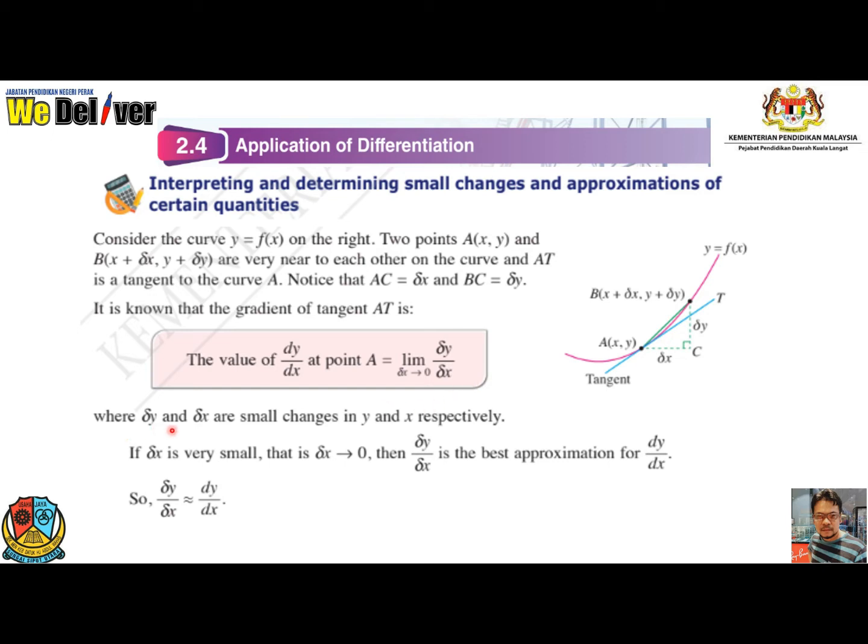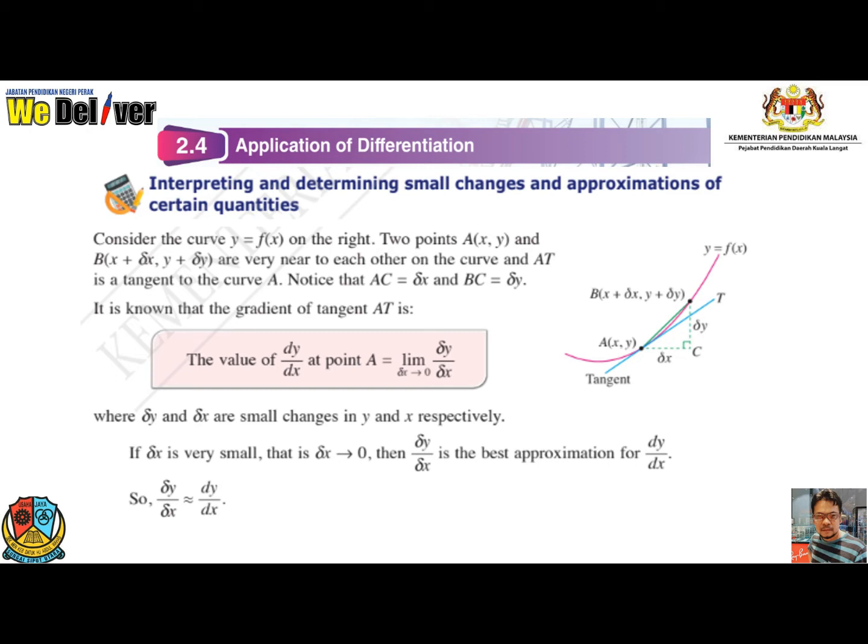So delta y and delta x are small changes in y and x respectively. If delta x is very small, that is delta x approaches 0, then delta y over delta x is the best approximation for dy over dx. So delta y over delta x is approximately dy over dx.